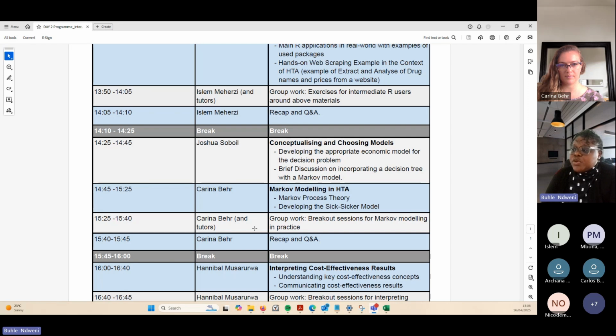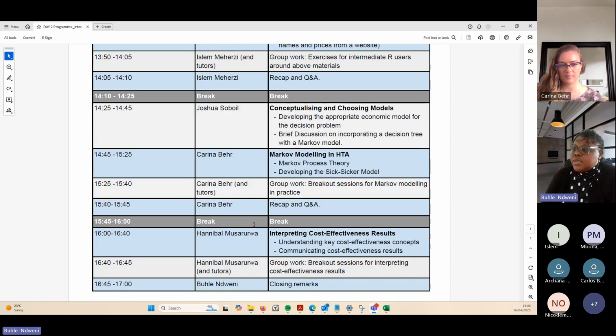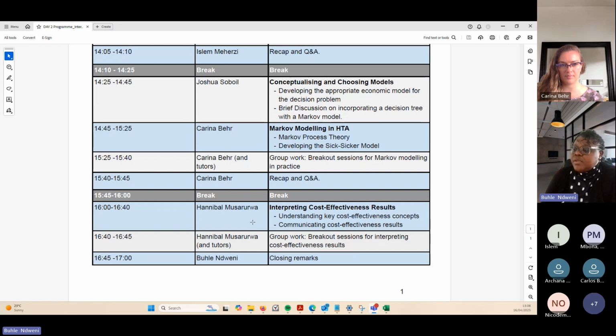Then there's going to be some group work, like the same recap afterwards in the main room. And then Hannibal will join us later to talk to interpreting cost effectiveness results. And then there'll also be a breakout session, and then at the end of the program, I will close it off again. But I will be in the background and assisting with things.